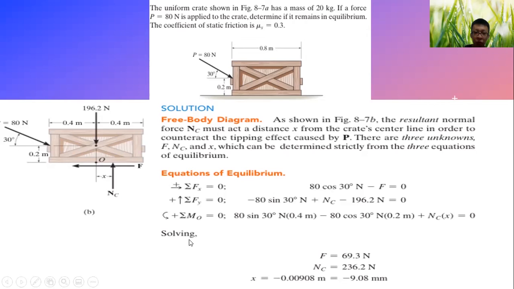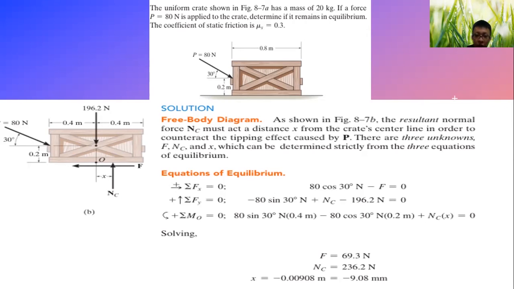Later on, we need to calculate the moment, taking anti-clockwise as positive. We need to consider all the forces here: 80 sin 30 Newton times 0.4 meter, and then 80 cos 30 times 0.2 meter, and then plus NC times x to the center.